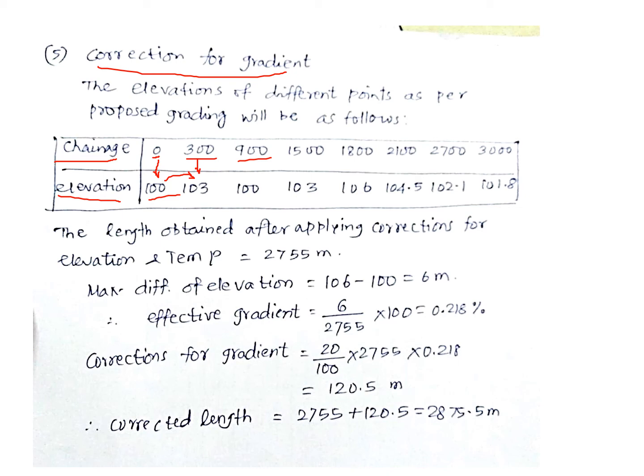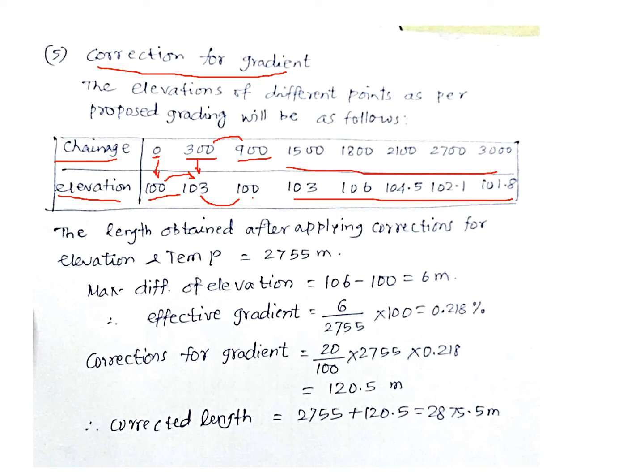After that the difference is 600 meters, but there is a fall of 0.5%, so the value goes down. For 600 meters, 0.5% is again 3. So there is a fall: 103 minus 3 is equal to 100 meters. Similarly, we calculate the corresponding values for all the different chainages.